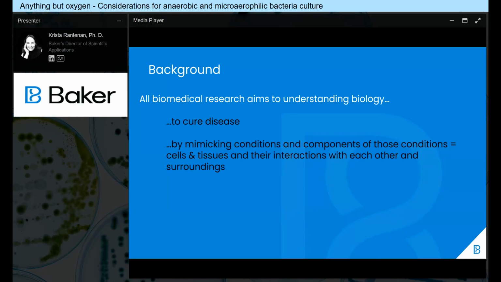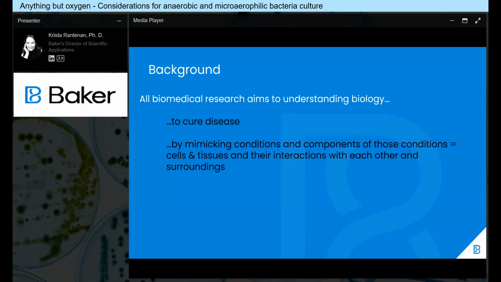So when we do biomedical research, the goal, and I believe we can all agree, is to understand biology so that we can make things better. We want to cure disease, and the only way that we can do this is that we correctly mimic the conditions and the components of those conditions.